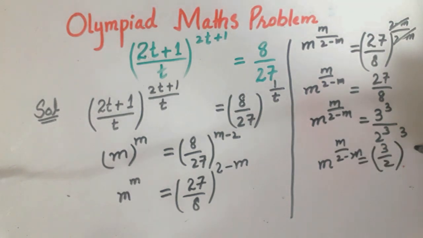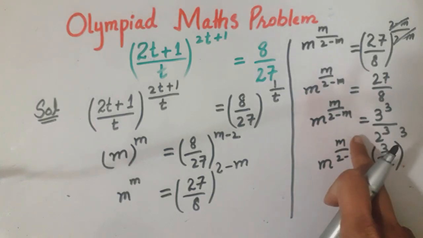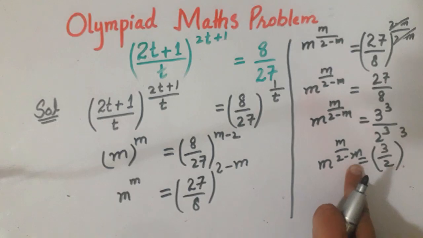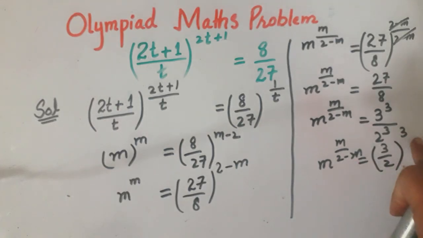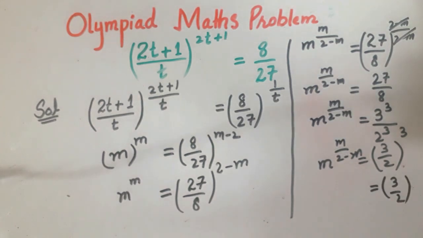Now we will make the substitution here, as we see m and its power is m. The base and its power are the same and divided by 2 - m. It means that we will make this change here. It will be divided by 2. So we will write this as 3/2 with power 1/2 divided by 1/2.